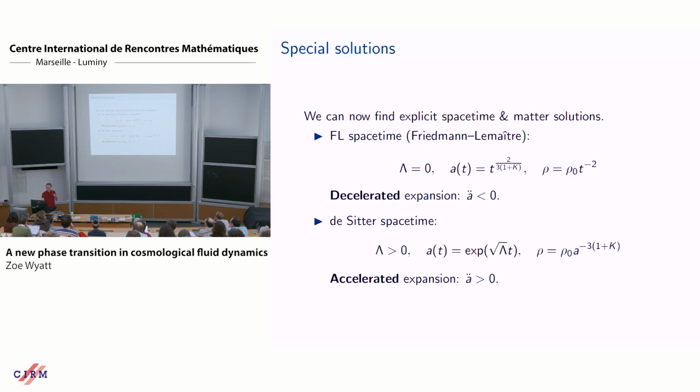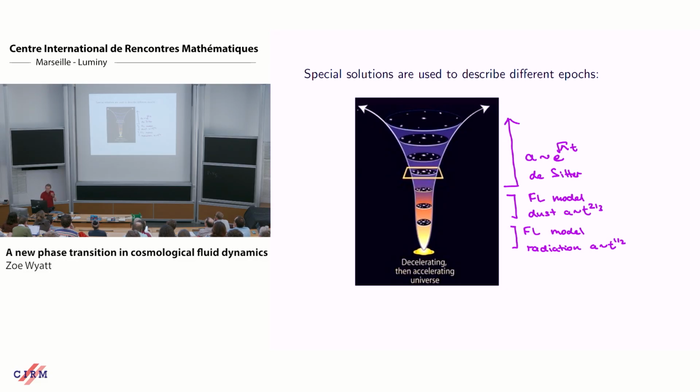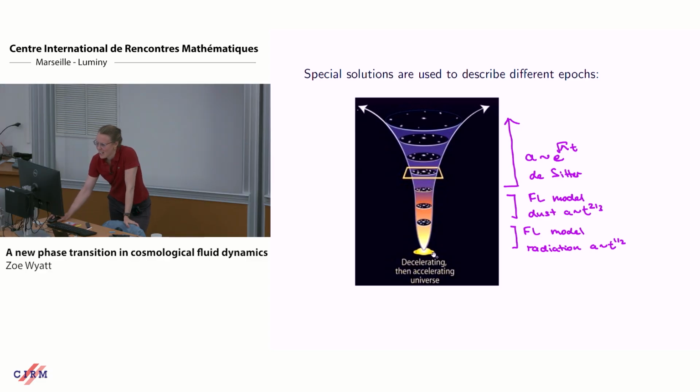Very good. So these are solutions that are used to describe different epochs in our universe. Excuse my little picture here, but our best understanding is that after the Big Bang, our universe went through this period of decelerated expansion. First of all, it was dominated by radiation fluid, that's when k is equal to 1/3, in which case the scale factor grew like t to the 1/2.